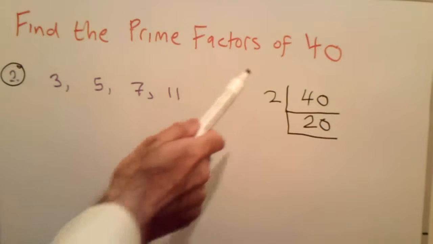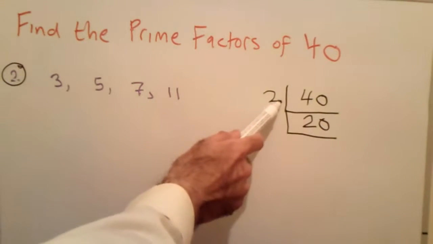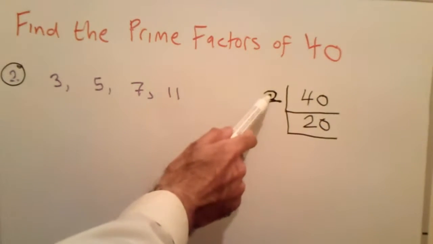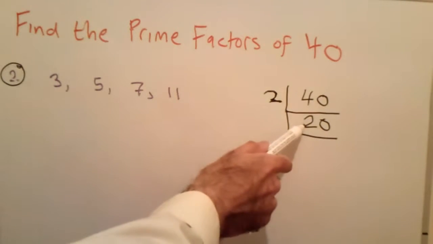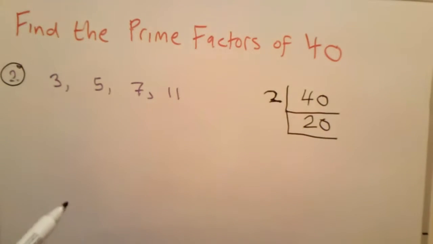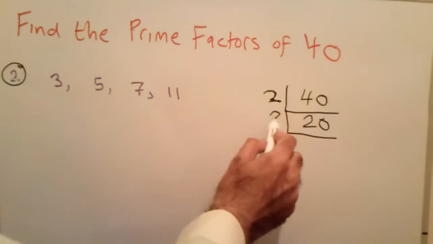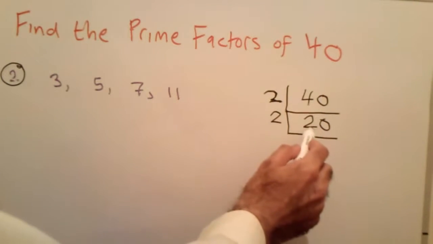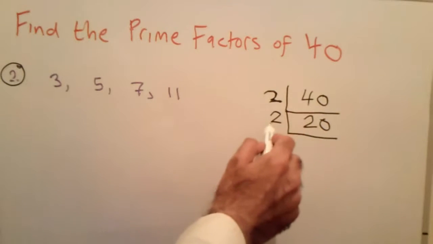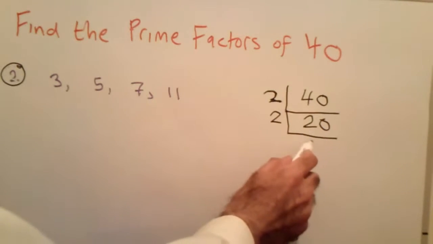Now we remember we're still with our smallest prime number, which is 2. So we check with 20. Does 2 divide into 20? Yes, it does. We get 10 as a whole number. So we write down 2 there, and write down 10.